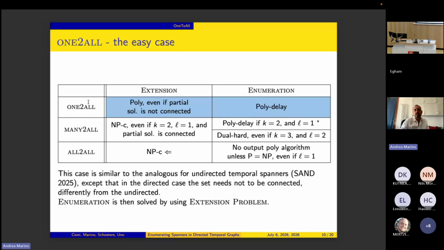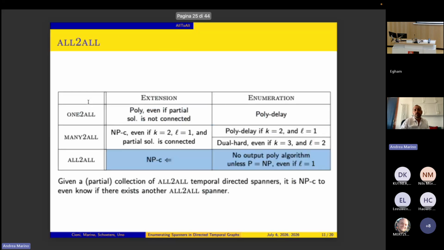In the paper, for undirected graphs, we proved that the extension problem is NP-complete, and in order to have an enumeration in that case for an undirected graph, we had to rely on connected extension. If we guarantee that the partial solution is connected, then it becomes polynomial as well. So this is the first one.